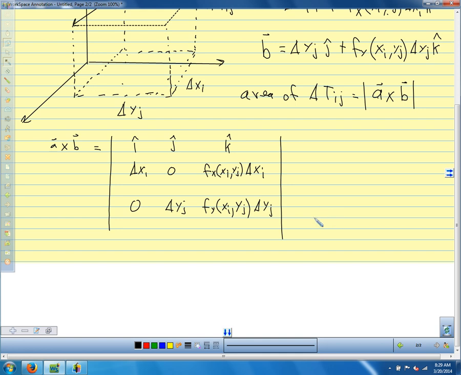And when we form this cross product, we're going to be able to factor out a delta x sub i, delta y sub j.